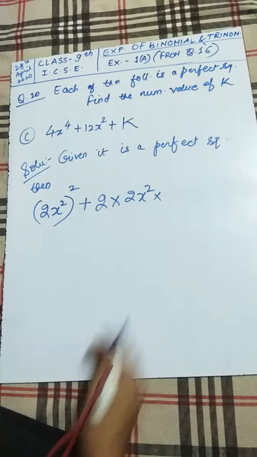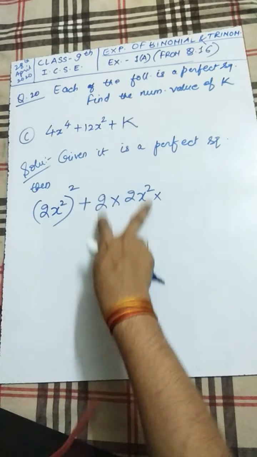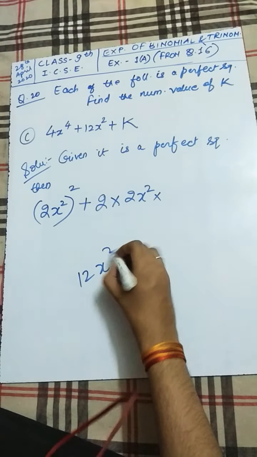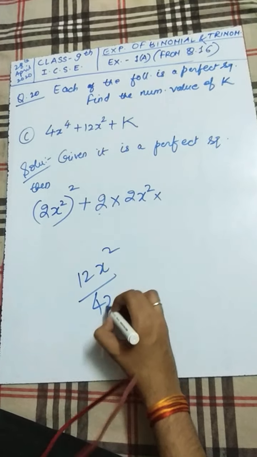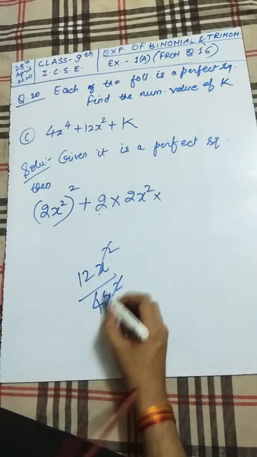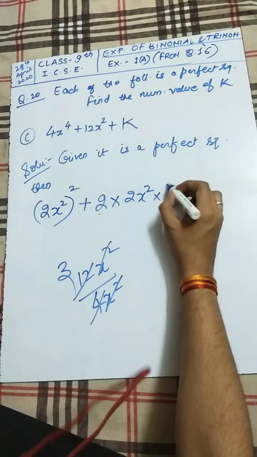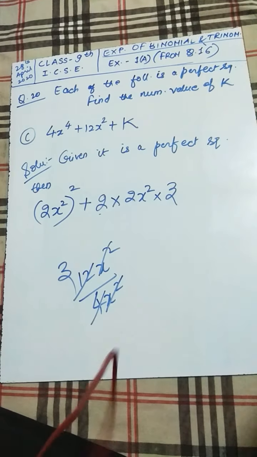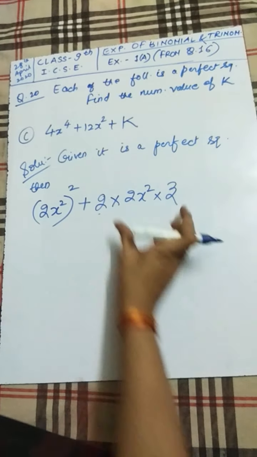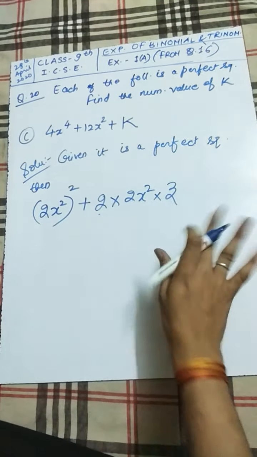So what will be b? I told you, divide this with this one, 12x square upon 2 into 2, that is 4x square, x square and x square cancel, 3, that means you got 3 as b. Multiply it, if you get this, that means you are correct.